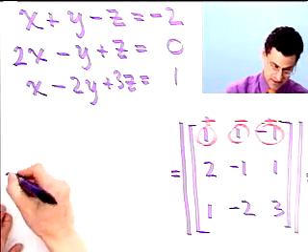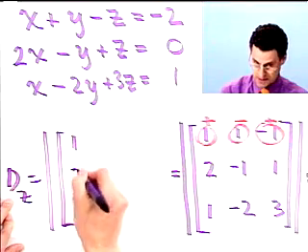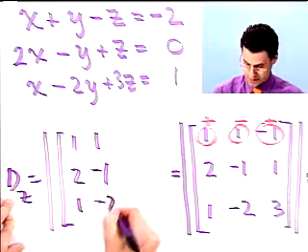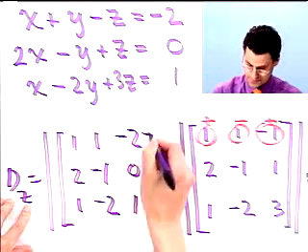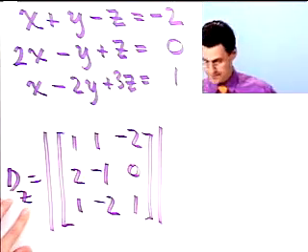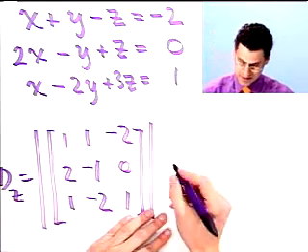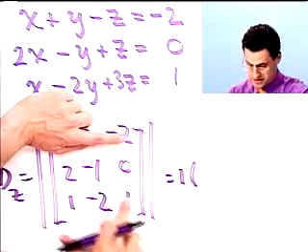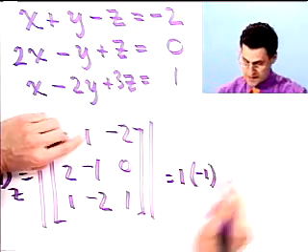So for dz, I keep the x column. I keep the y column, but now in the z column, I put this in. Let's compute that. Well, not a problem. Because what do I see? I see a 1 times that determinant, which is just negative 1 minus 0. So it's negative 1. And then I see a minus.